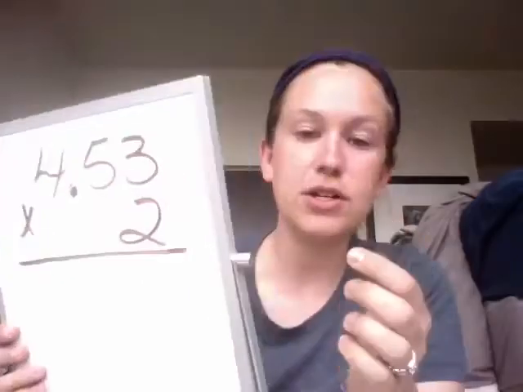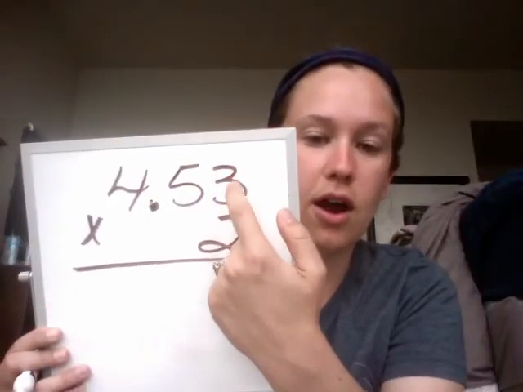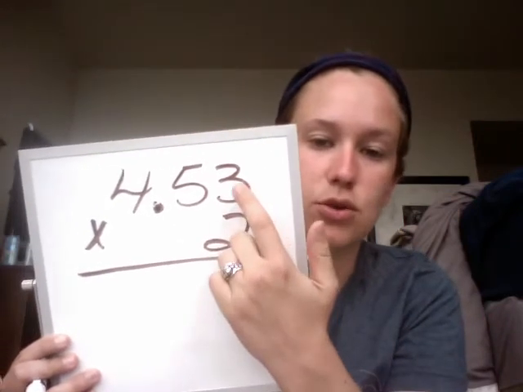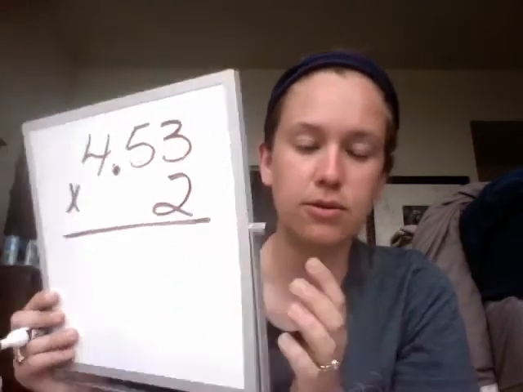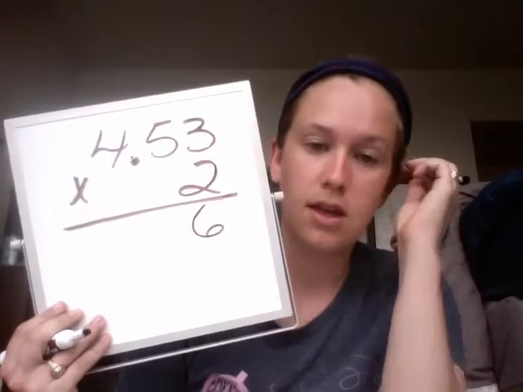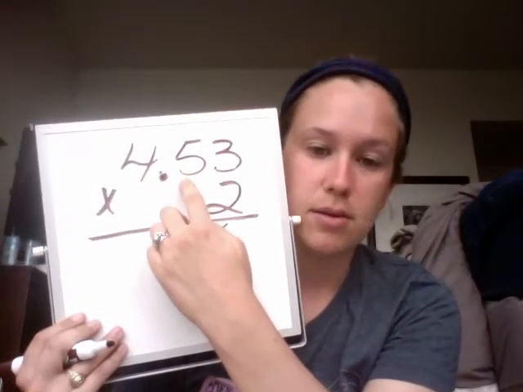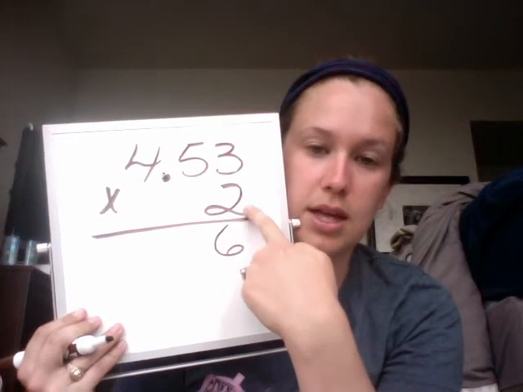All right, so now let's do the next one, 4.53, so 4 and 53 hundredths times 2. Okay, first things first, we only deal with our hundredths place. So 3 hundredths times 2 is 6 hundredths. I don't have to rename anything. 5 tenths times 2 is 10.